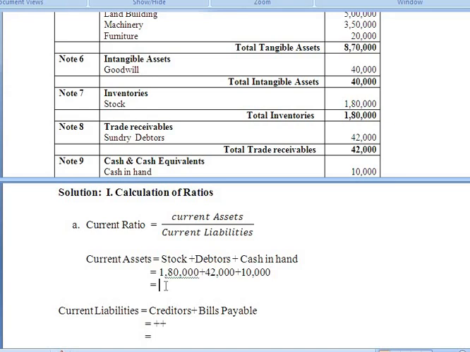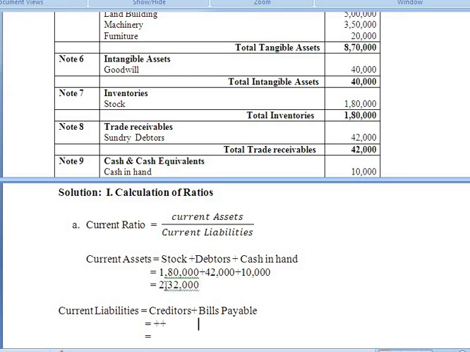So the total is 1,80,000 plus 42,000 plus 10,000 equal to 2,32,000. Next, current liabilities.